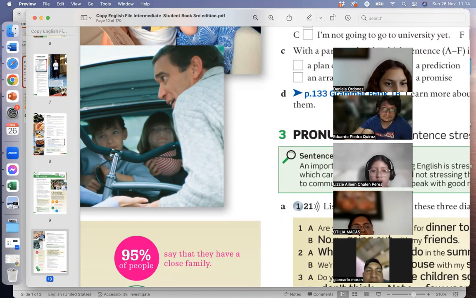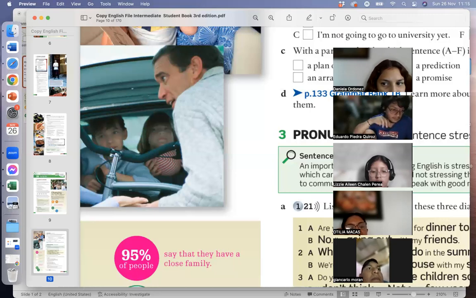Eduardo, what could you add more about this picture? I think probably they're traveling, so that could be the reason, because he's putting the bicycle in the car. Yes. But that guy, who I assume is the father, looks like he's kind of stressed.